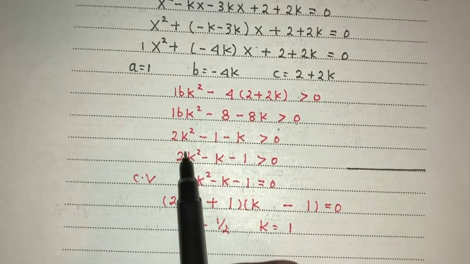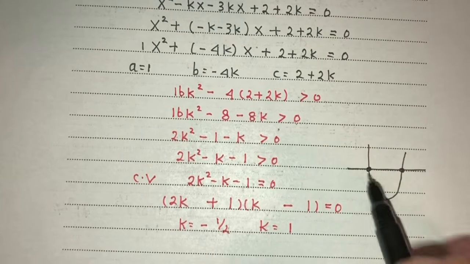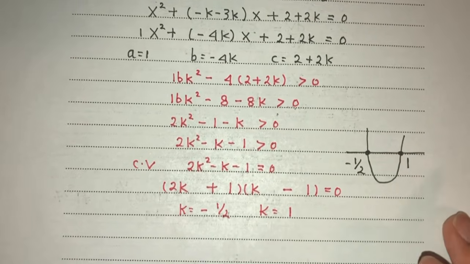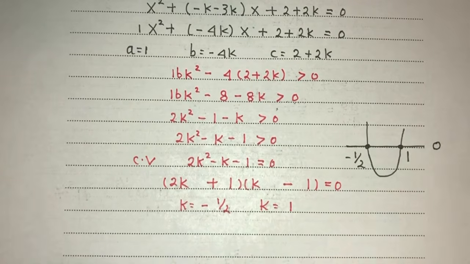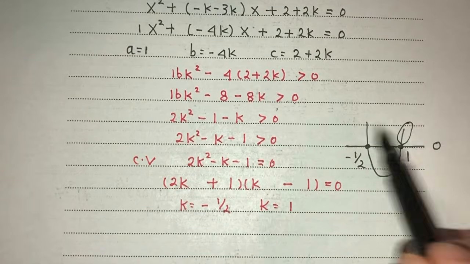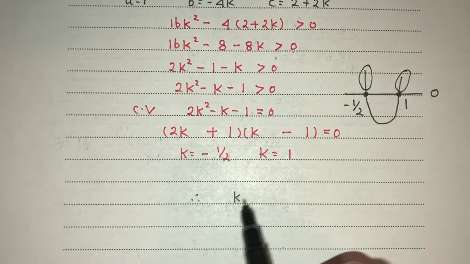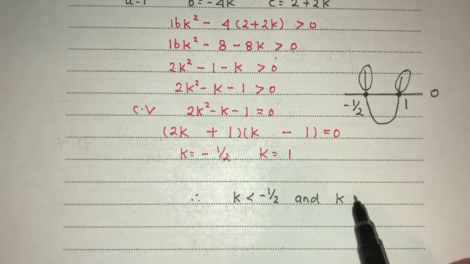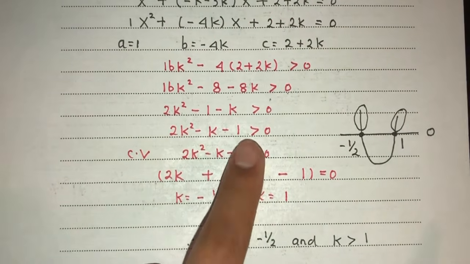Since it is a positive quadratic, the graph will look something like this. It's a minimum curve. This will be your minus half and this will be your 1. Now we need this to be more than 0, which means it has to be above this line. So your value of k has to be less than minus half, and k has to be more than 1. So these two will be the values of k for which this is satisfied.